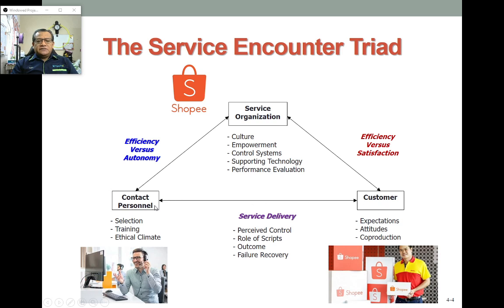So when a customer has difficulty or a problem relating to their delivered products, normally the customer could contact personnel directly to report, for example, a delivery parcel which is not arriving, or a product that they purchased failing to perform as expected. So these are basically the three components of the service encounter triangle: service organization, customer, and contact personnel.